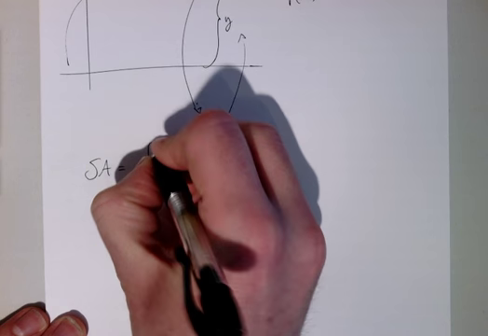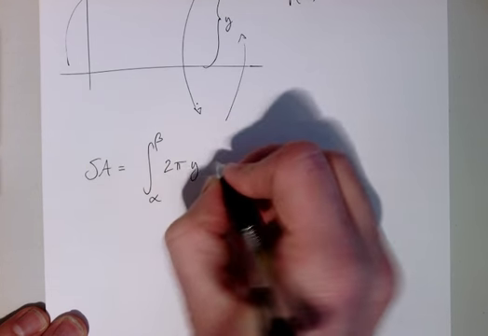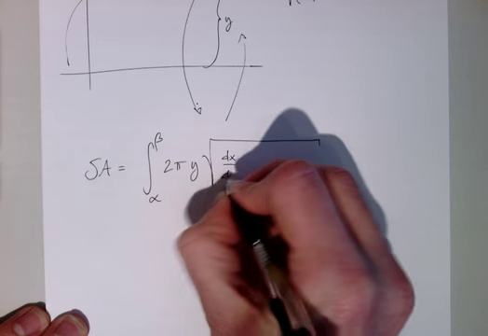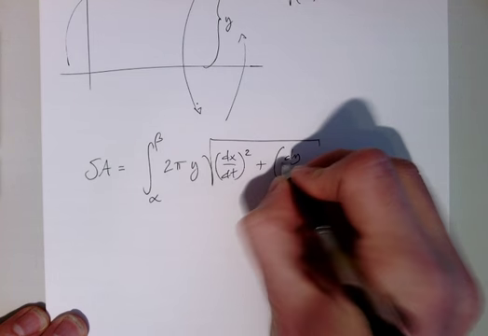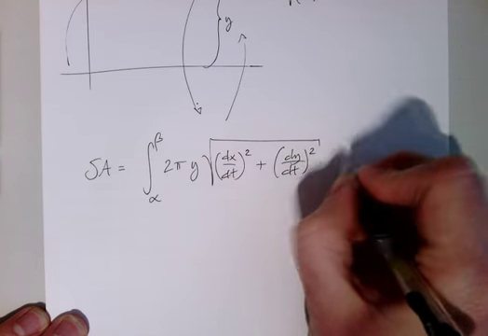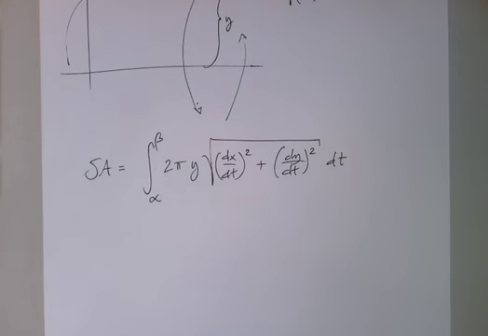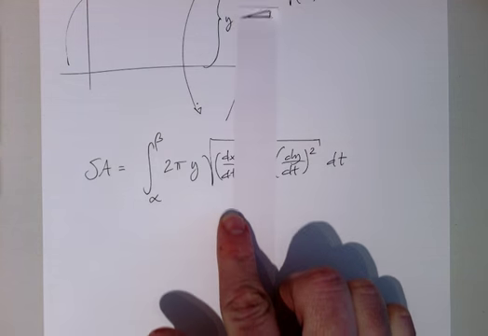in parametrics, alpha to beta of 2 pi y times the square root of dx dt squared plus dy dt squared dt. And that is the length times the width of these unfolded rectangles that I just spoke about.